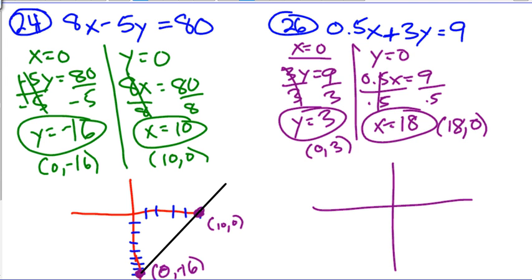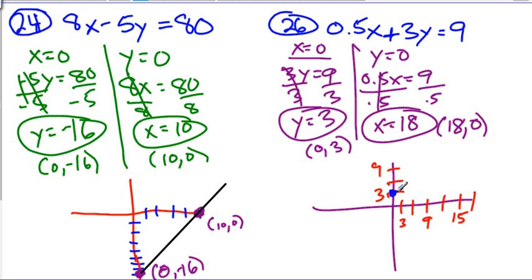Let's graph these. 18, 0. I'm going to go up by 3. 3, 6, 9, 12, 15, 18. And then these will go, I can go up by 3 here. So it's 3, 6, 9. Okay. Doesn't matter what I go up by.